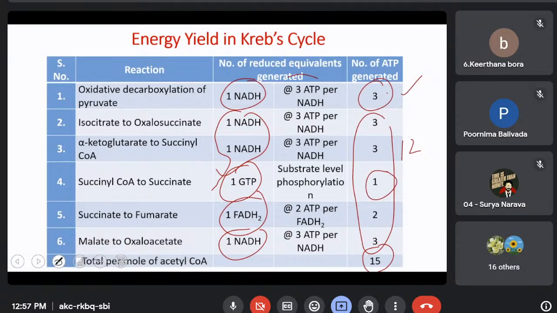Thus, a total of 15 ATP are produced per molecule of acetyl coenzyme A. So, if there are 2 acetyl coenzyme A molecules, the total number of ATP produced will be 30 ATP. Okay, so this is all about the Krebs cycle.